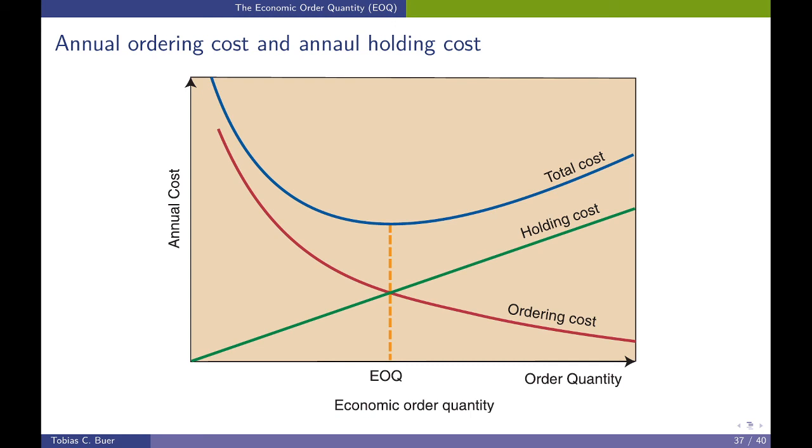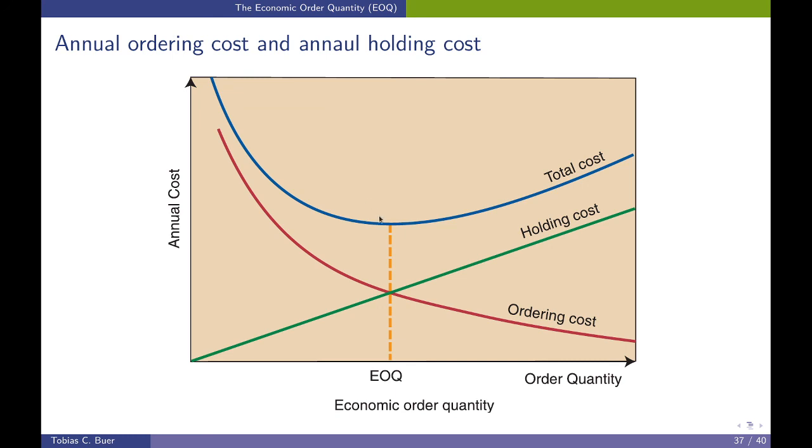On the other hand, we have the ordering cost. The average ordering cost goes down when we order more units. There are some economies of scale in the ordering cost. Here the red line and the green line have been added up to create the total cost line, which is blue.